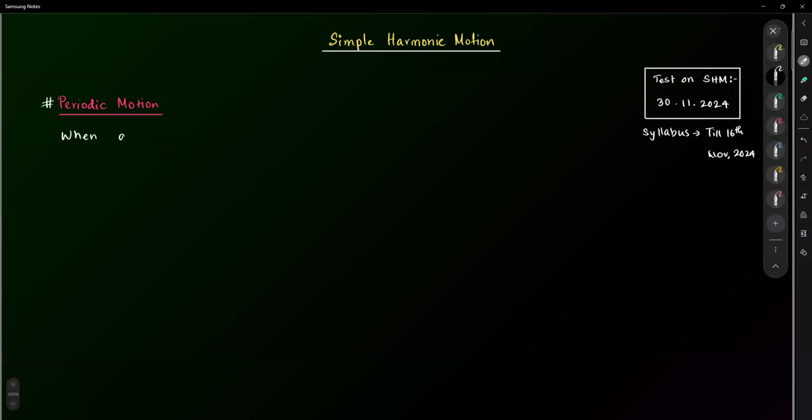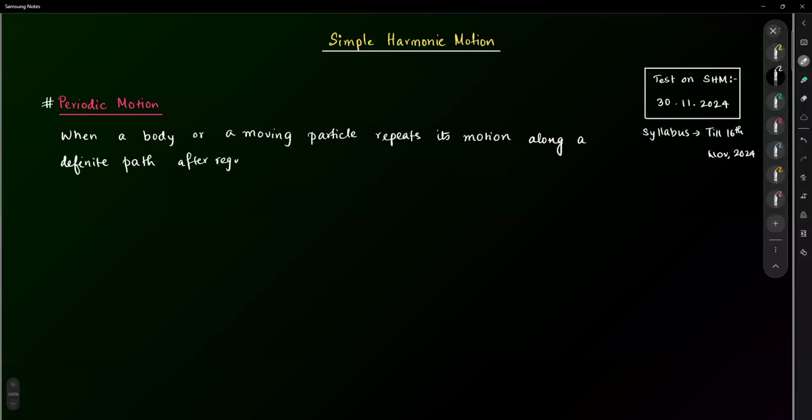When a body or a moving particle repeats its motion along a definite path after regular intervals of time, it is said to be periodic motion.